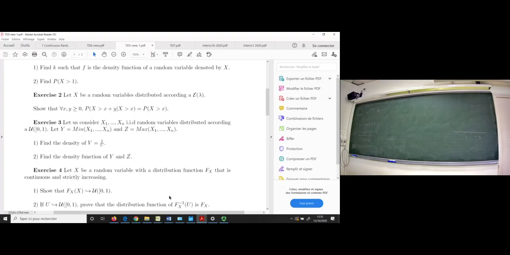So this event is included in this one, and if I take the intersection, it's the smallest in the sense of inclusion. So this is equal to: if I am greater than x plus y and greater than x, it just means that I am greater than x plus y. I have handled what I have to handle, and I see that to compute this conditional probability, I have to compute this ratio and prove that this ratio is equal to this one here.